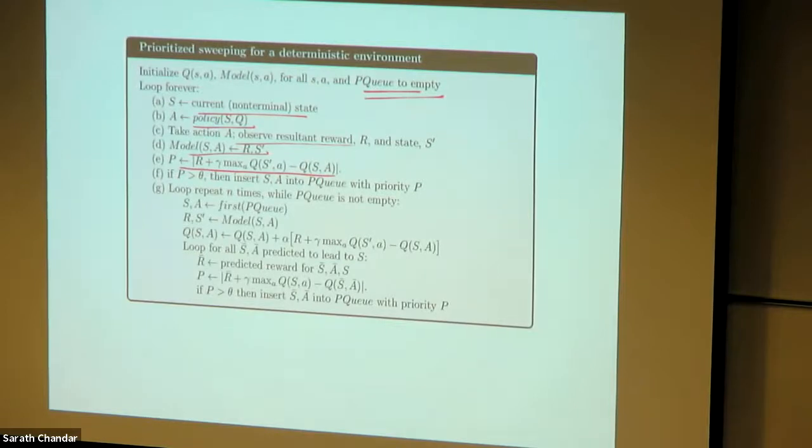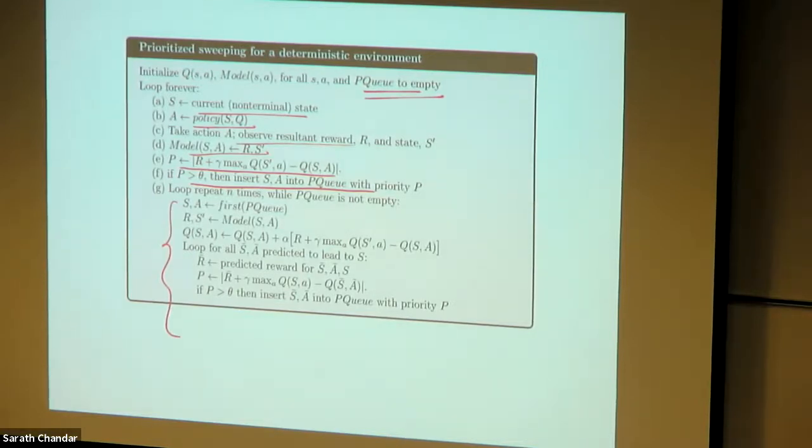If this priority is greater than some threshold, then I'm going to put that in my priority queue. Is that clear?